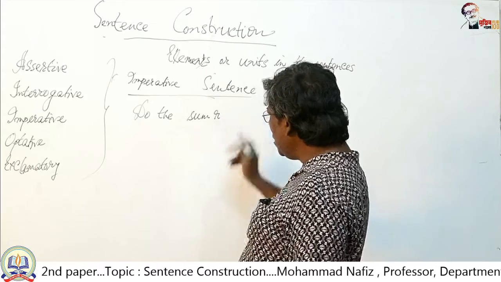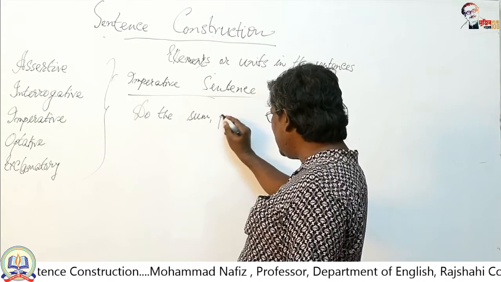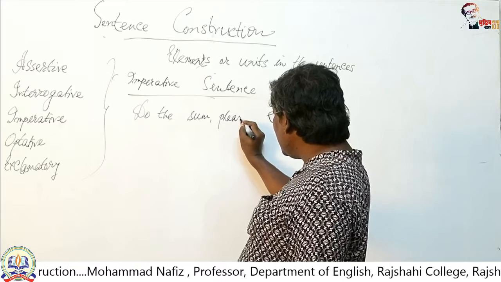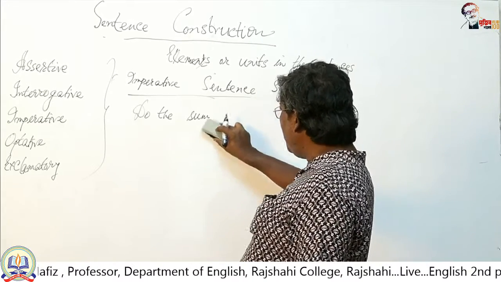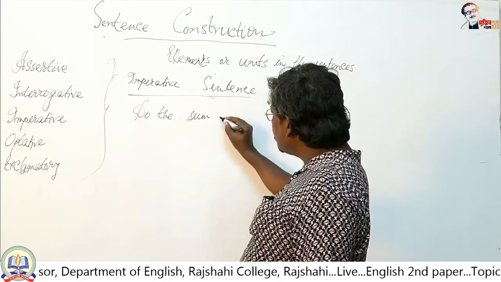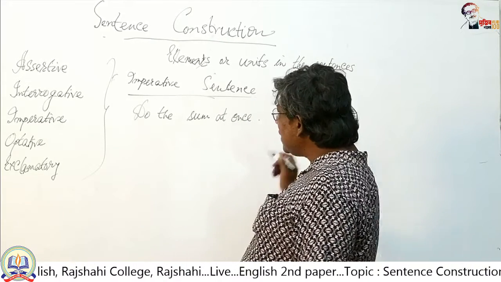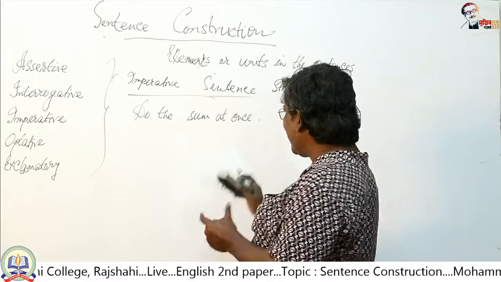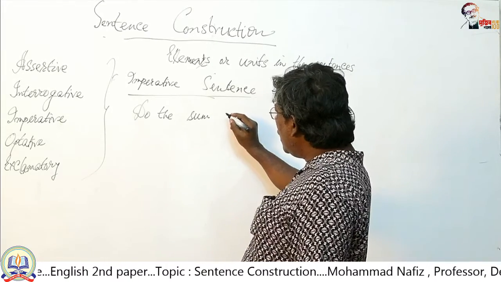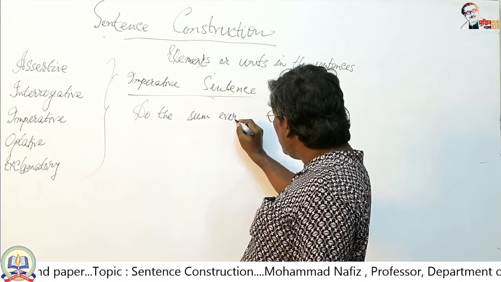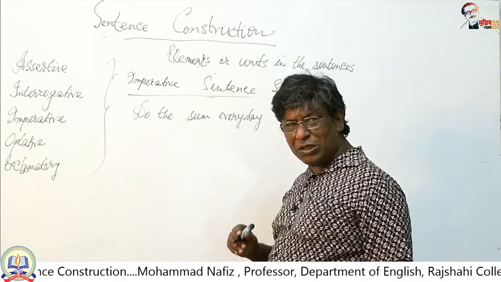For example, if we write do the sum please, the sentence implies a request. Do the sum at once, this implies an order. And do the sum every day, it is an instruction.